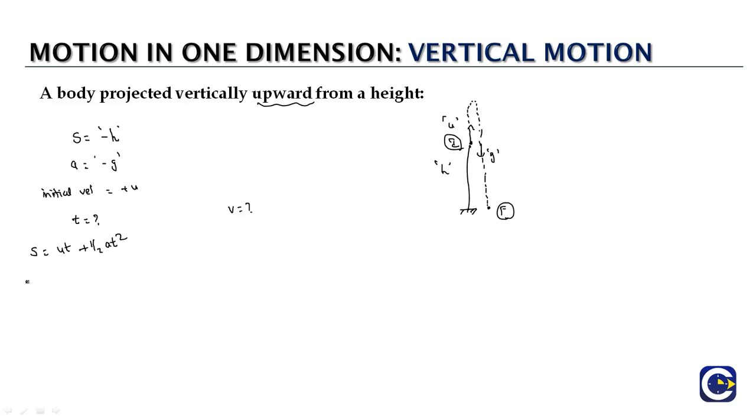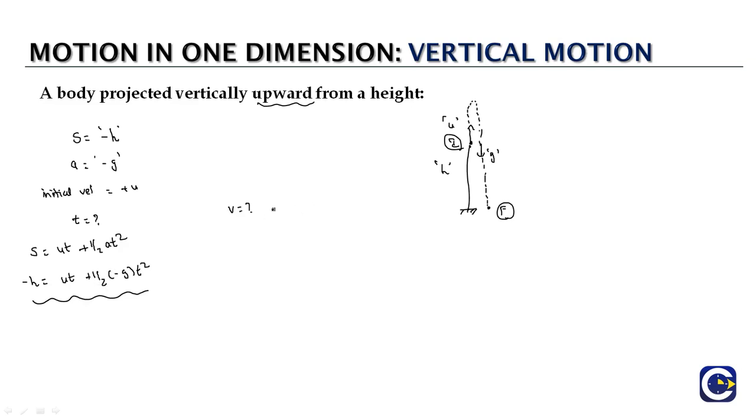The displacement for the overall journey is -h = ut + ½ × (-g) × t². This again is a quadratic equation in terms of time. By solving this, we will be able to get the value of t.